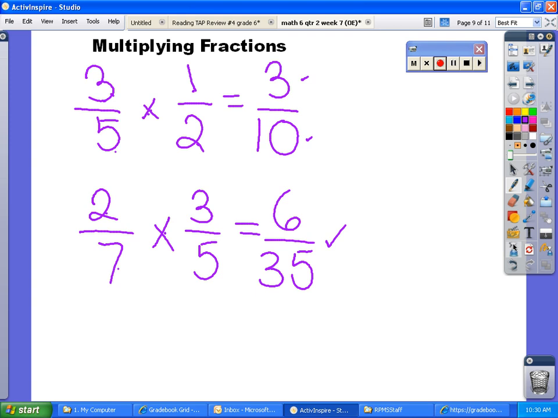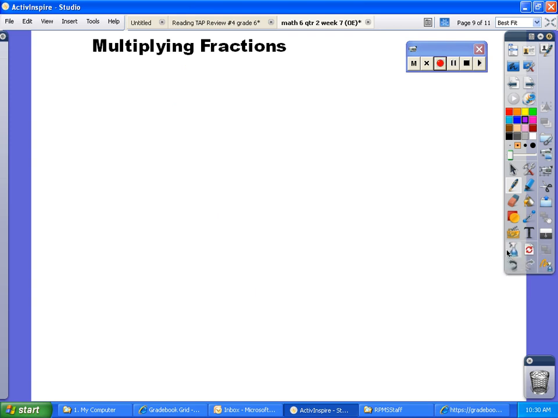Now, what would you do if your answer wasn't in simplest form? Let's take a problem like 2/4 times 1/5. You can do it two different ways. We can go ahead and do 2 times 1, which is 2, 4 times 5, which is 20.